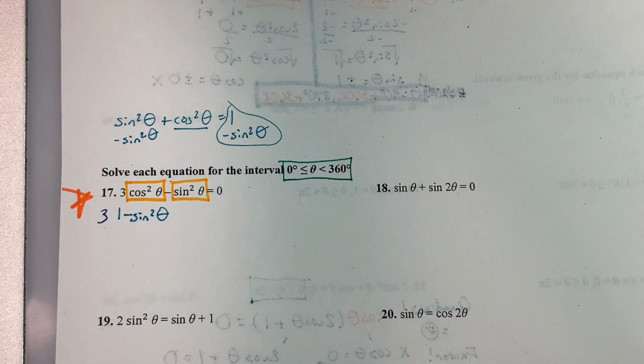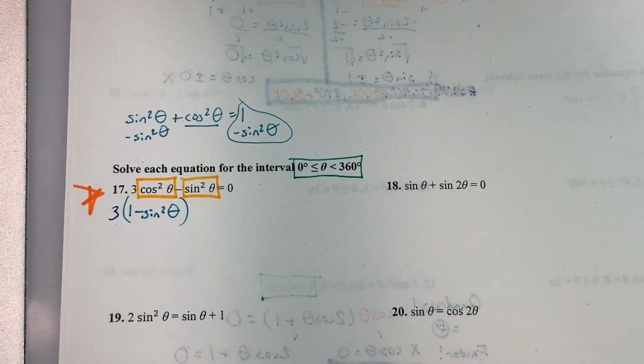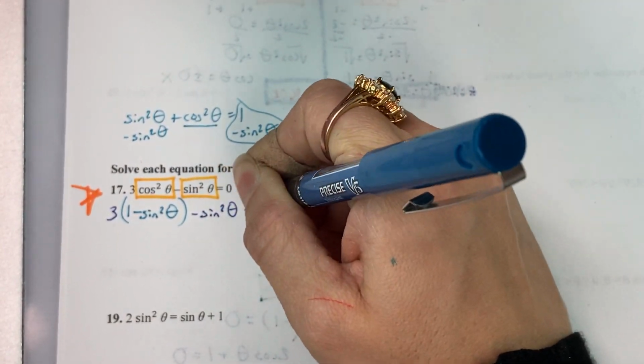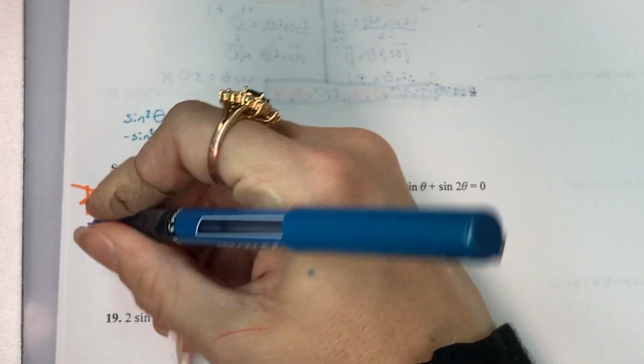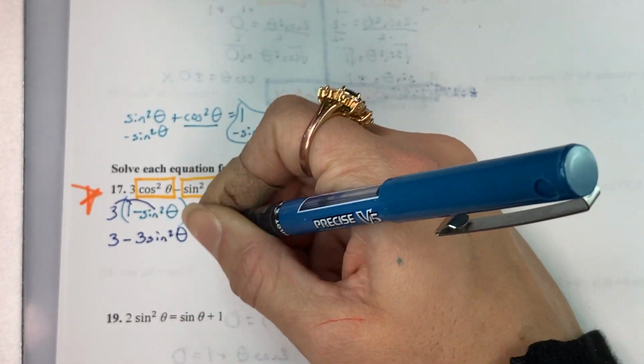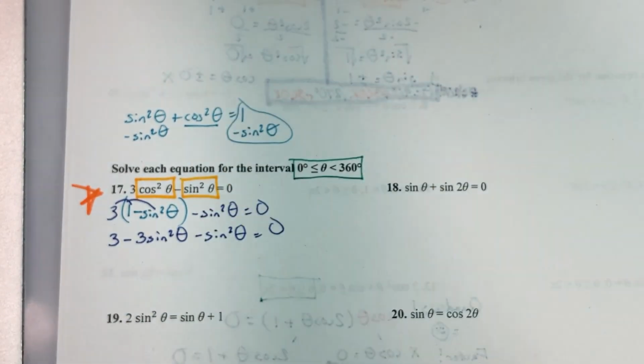But we've got to be careful here because when I plug that in for cosine squared theta, we need to enclose it in parentheses. And then we've got minus sine squared theta equals 0. So I'm going to distribute to simplify: 3 minus 3 sine squared theta minus sine squared theta equals 0.